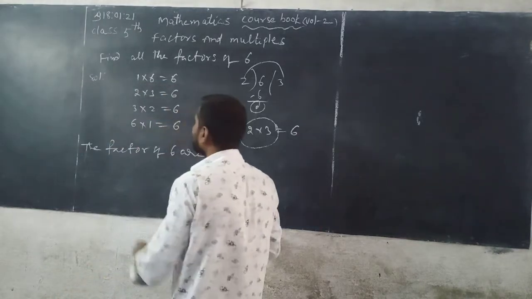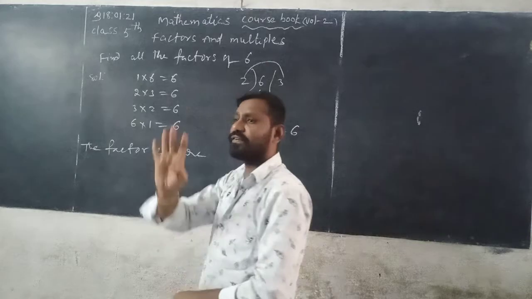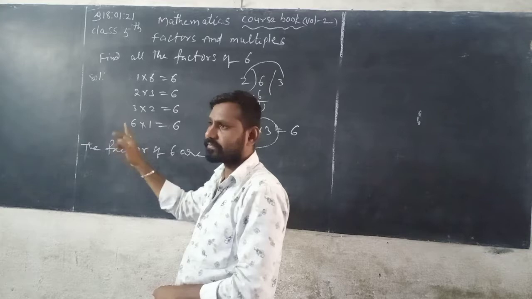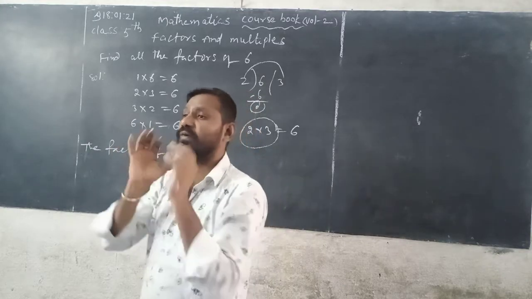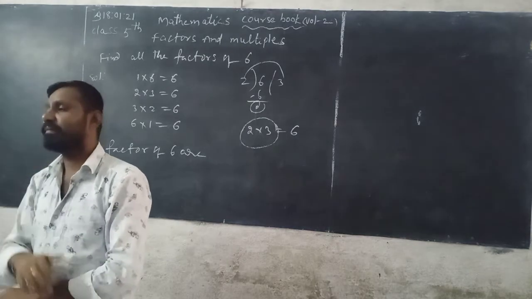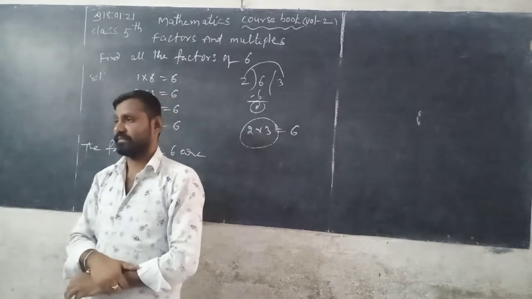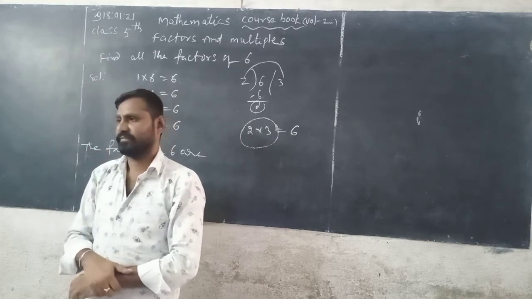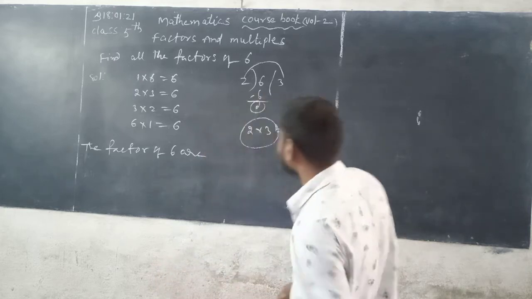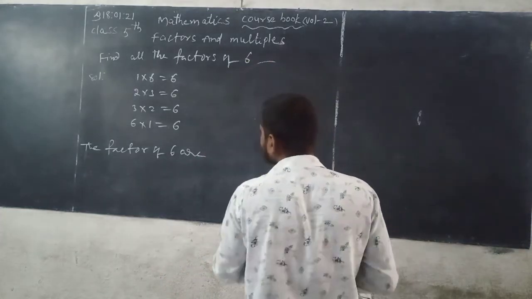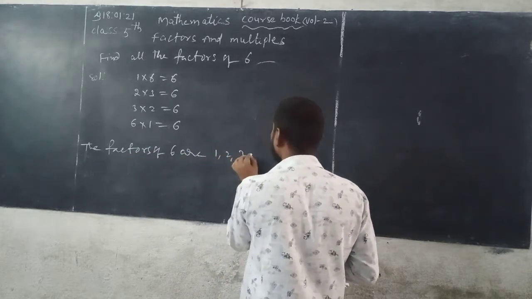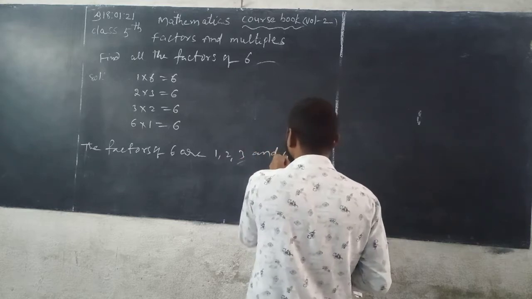How many factors are there for 6? 4 factors. So here factors are countable. Factors are countable, but multiples are not countable. Write down everything. The factors of 6 are 1, 2, 3 and 6.